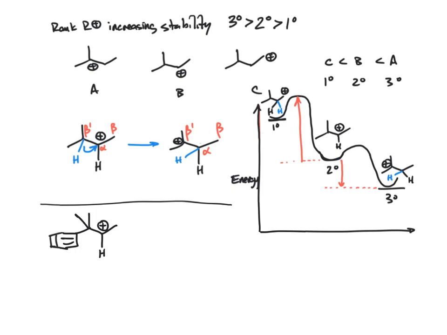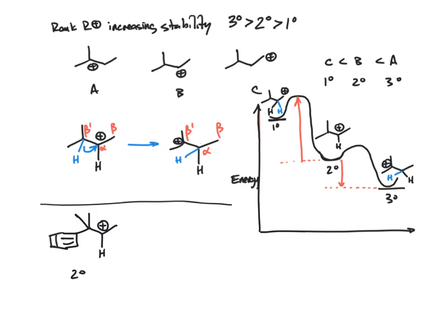So again, whenever you have a primary or secondary, you have to consider, can it rearrange to something more stable? So primary can go to secondary or tertiary. Tertiary can go to, or secondary can go to tertiary. So because this is secondary, you have to look at the beta carbons. This has 3 hydrogens. This doesn't have hydrogens. But the methyl group can shift. So that can happen.